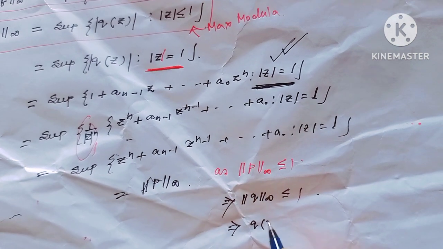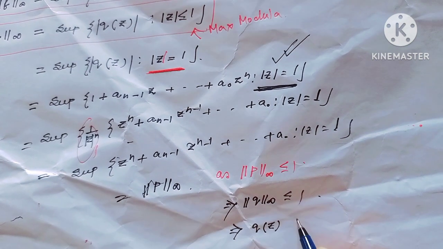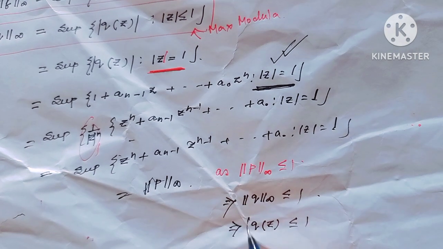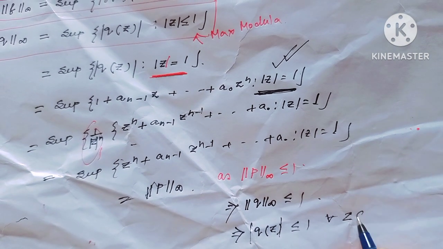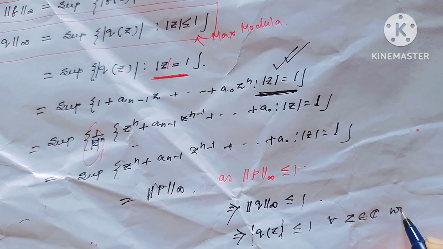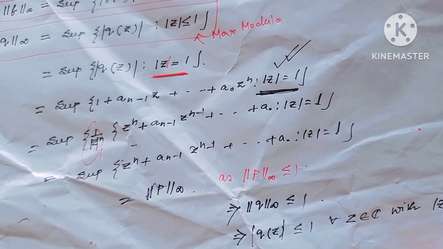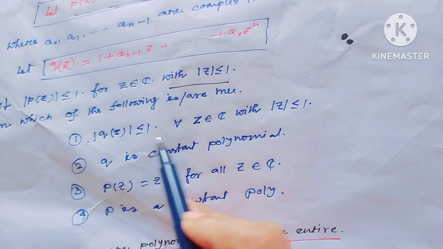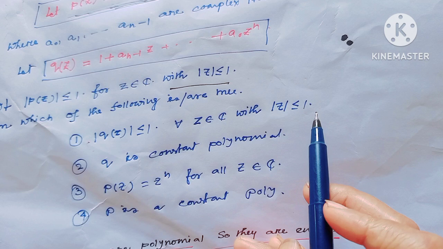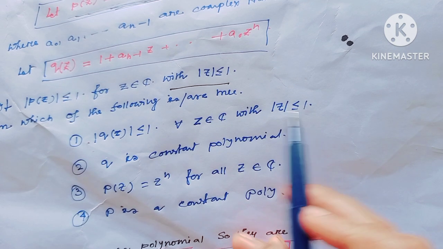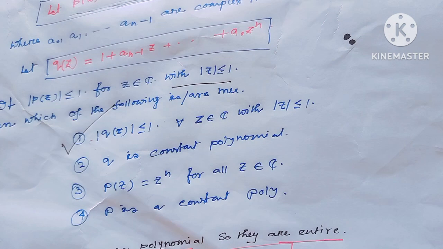That means |Q(z)| is less than or equal to 1, and this is true for all z in C with |z| less than or equal to 1. This is the right option.